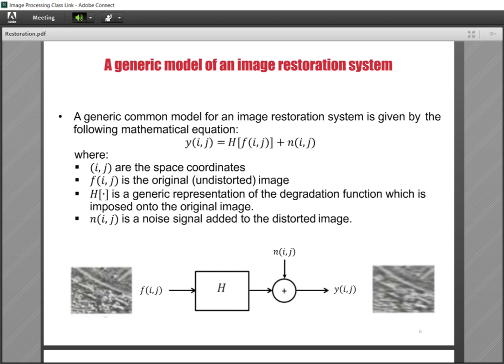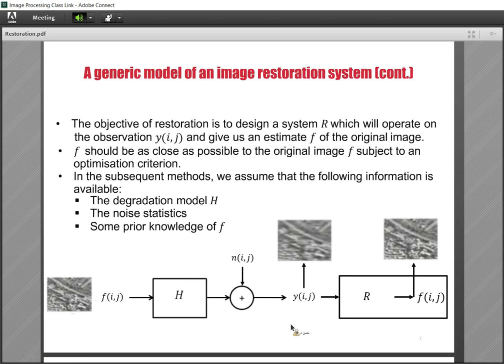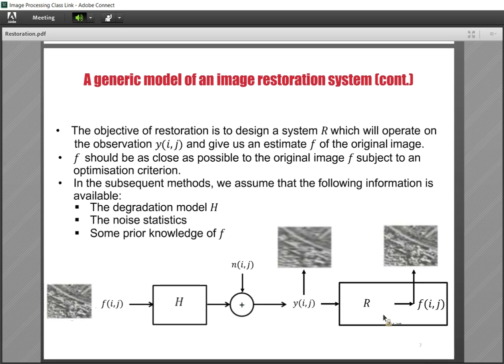In the non-blind system we have this H, the frequency response or response of this system, and in real life always adding a noise level N(i,j), and the resulted image, or the bad image or corrupted image Y. And we were finding this R system.